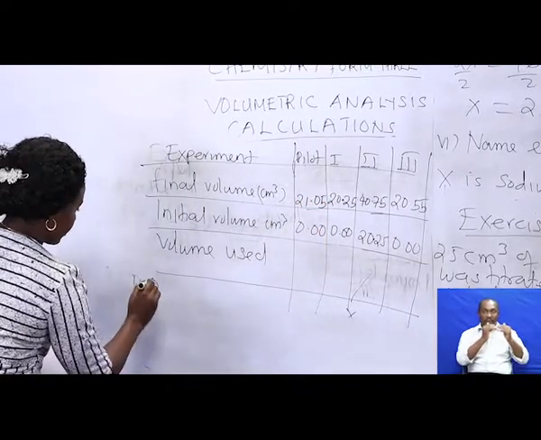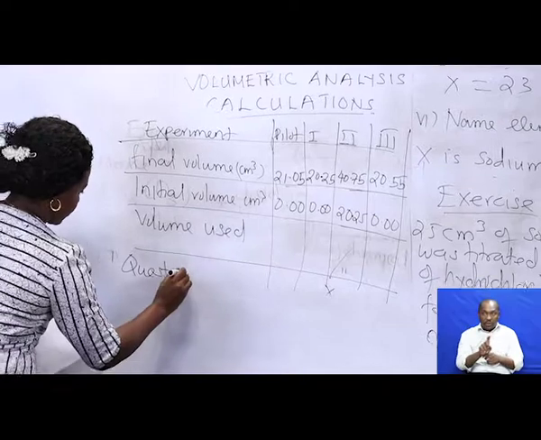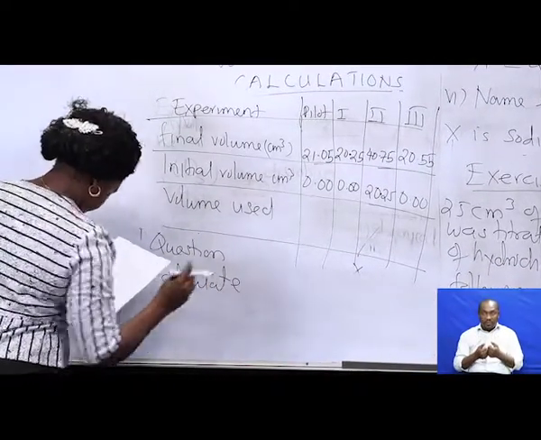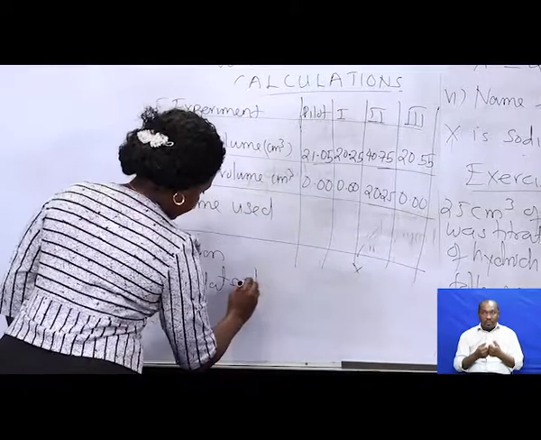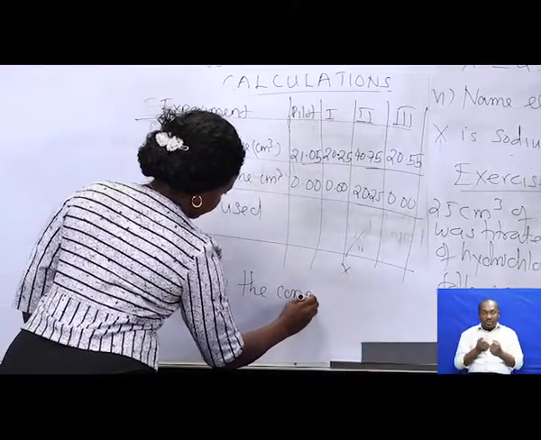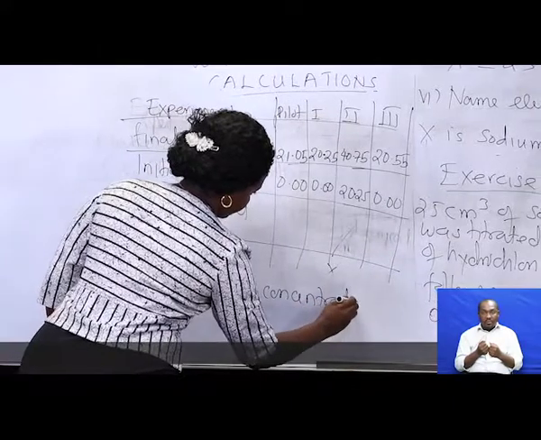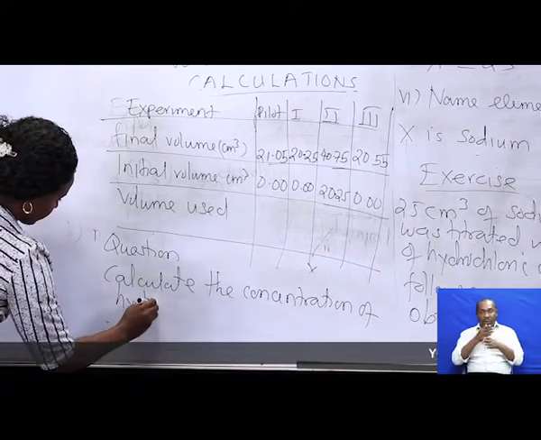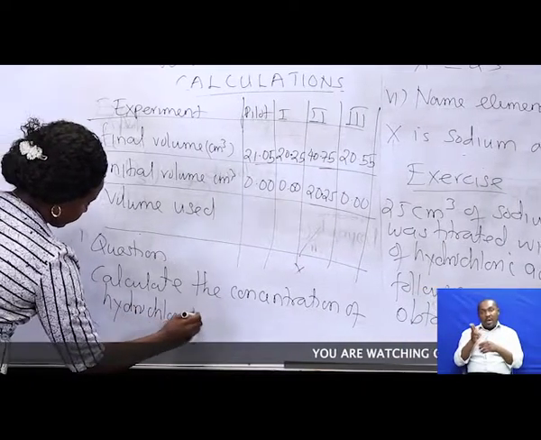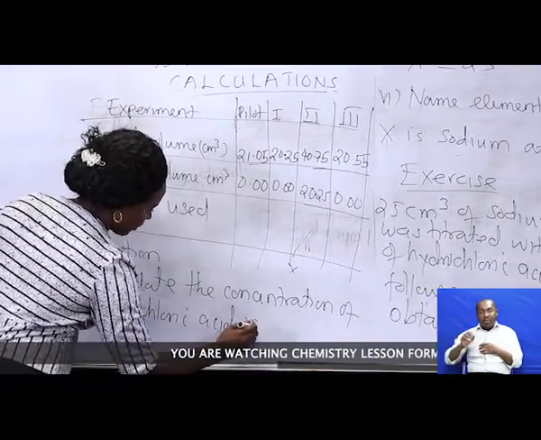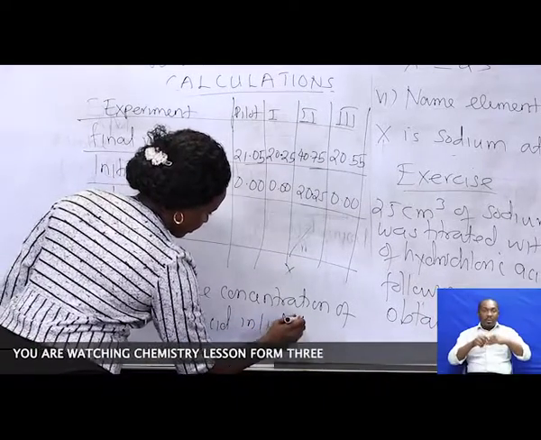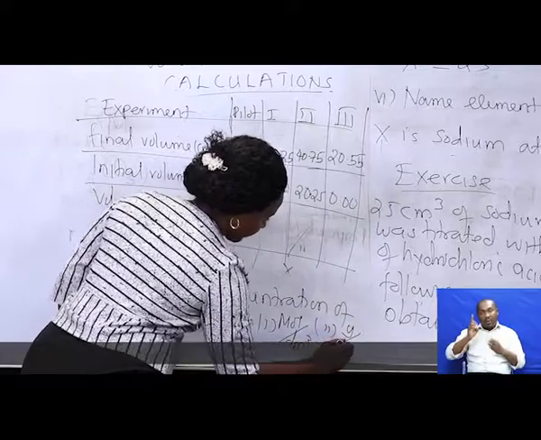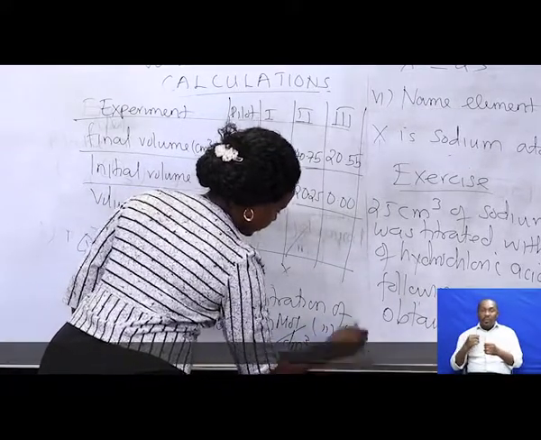Question is, calculate the concentration of hydrochloric acid in moles per cubic decimeter and in gram per cubic decimeter.